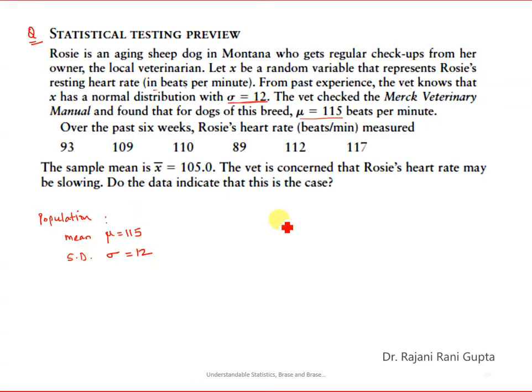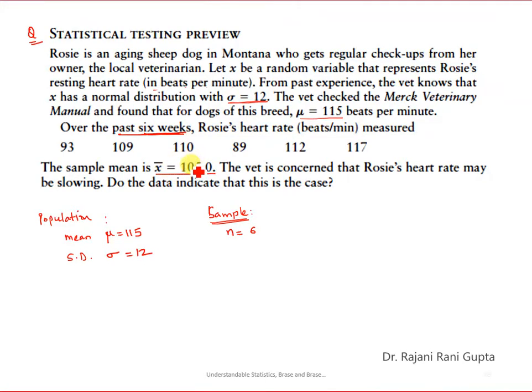Over the past 6 weeks, Rosie's heart rate was measured as these numbers. So now we are talking about the sample. The size of the sample is 6 weeks, and the sample mean is given as 105.0.